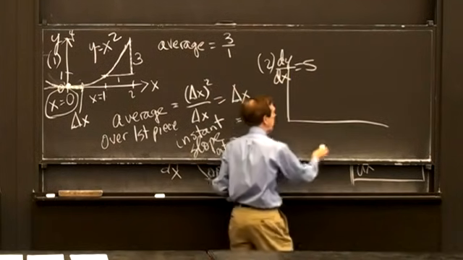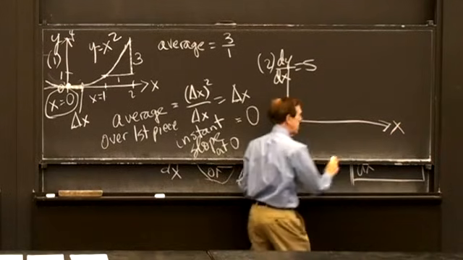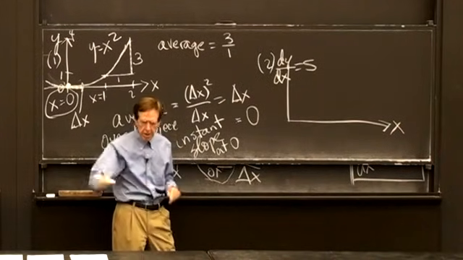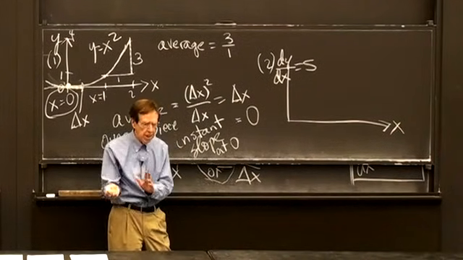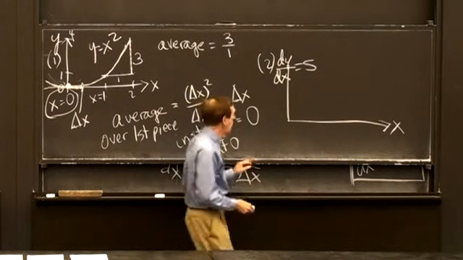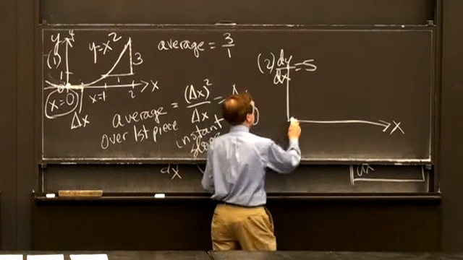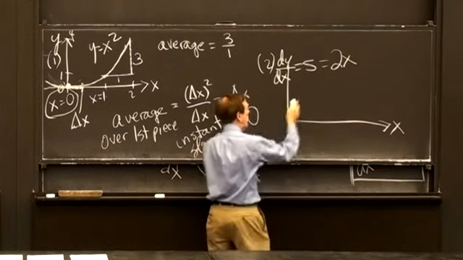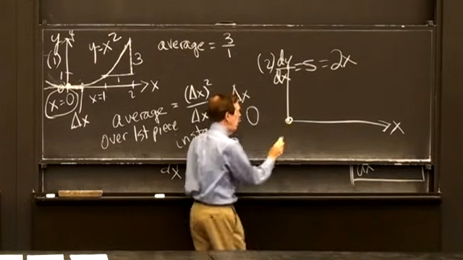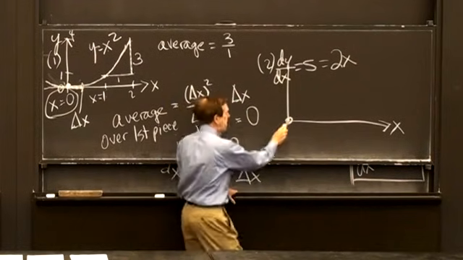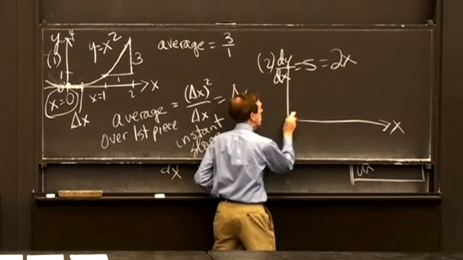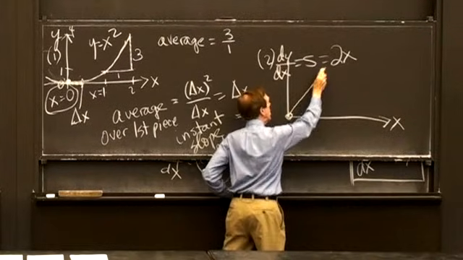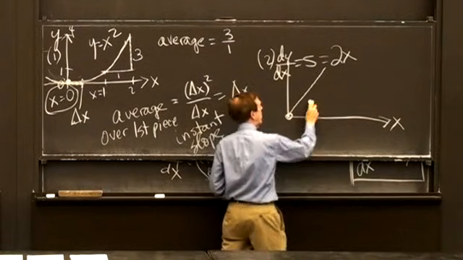So that's the s function against x. X is still the thing that's varying, or it could be t, or whatever letter we've got. And the answer was 2x for this function. So if I graph it, it starts at 0, and it climbs steadily with slope 2. So that's a graph of s of x.